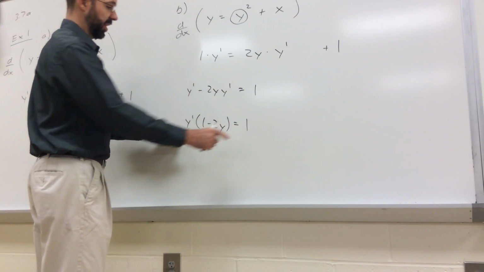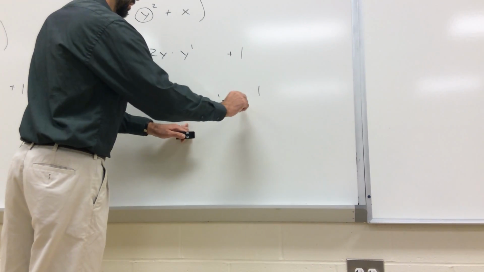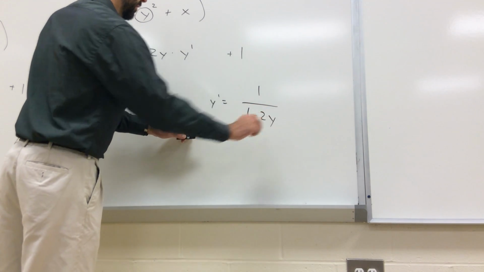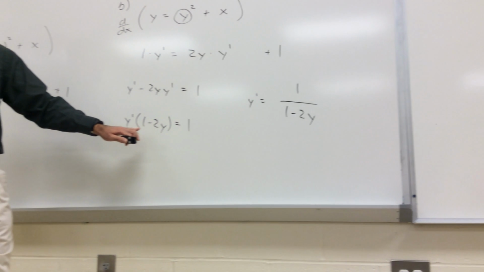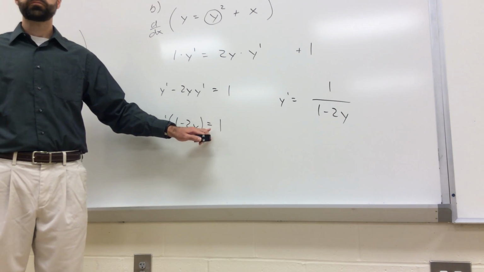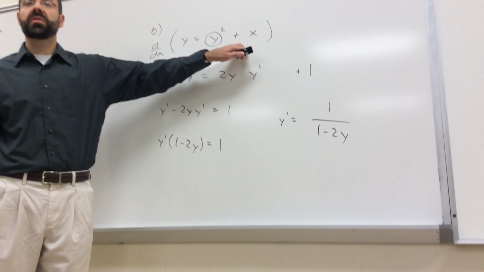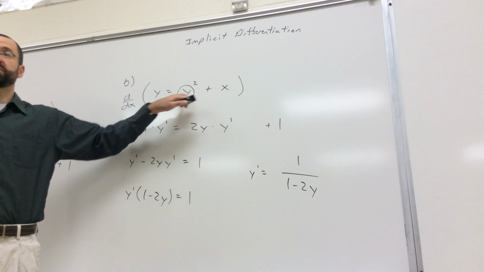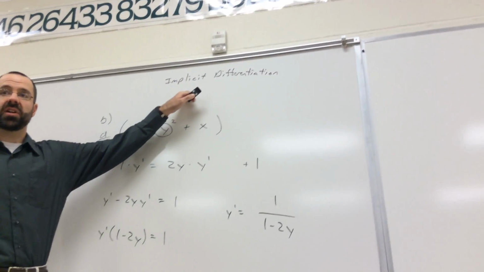And then you divide the 1 minus 2y to the other side. So it's 1 divided by 1 minus 2y. Okay, so the new thing today is we've got this equation that's not solved for y, and we're just taking the derivative of it the way it is, and that's called implicit differentiation.